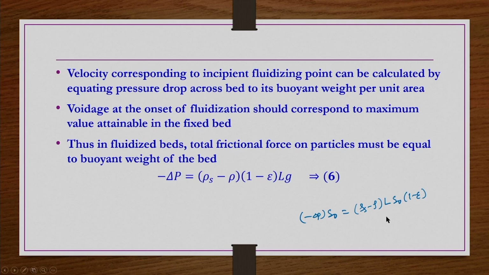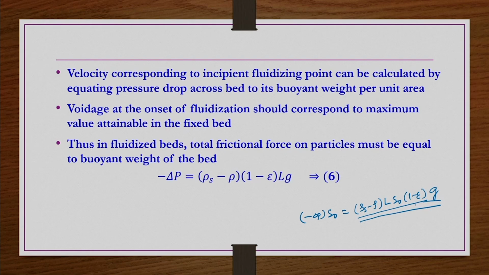So, the void space is epsilon, and 1 minus epsilon is the fraction of particles that are present. This gives the mass of the particles, and then multiplied by g, this entire expression will give you the buoyant force of the entire bed.